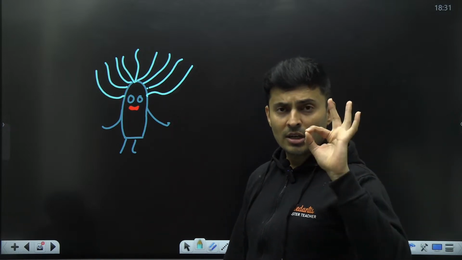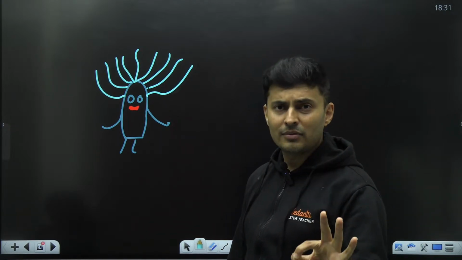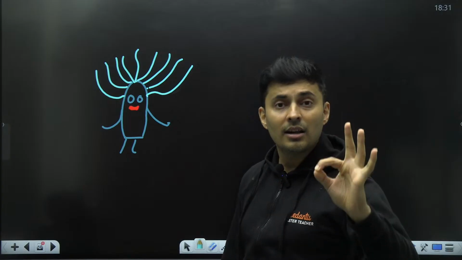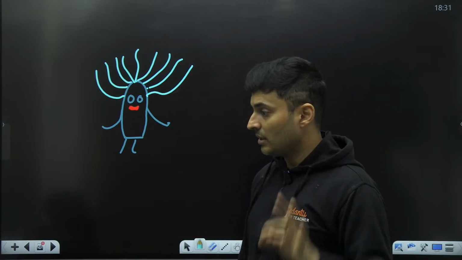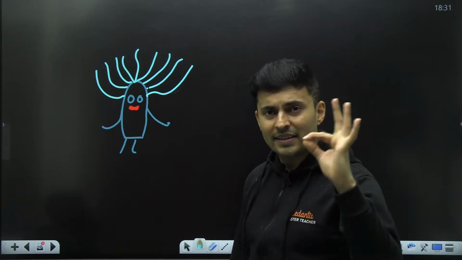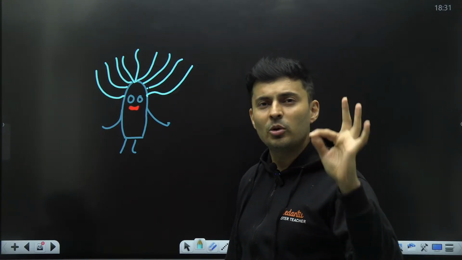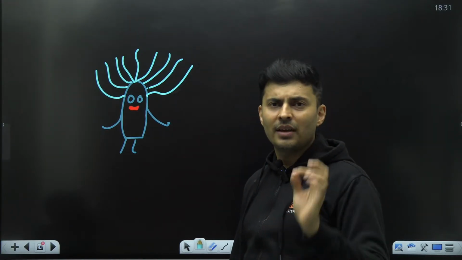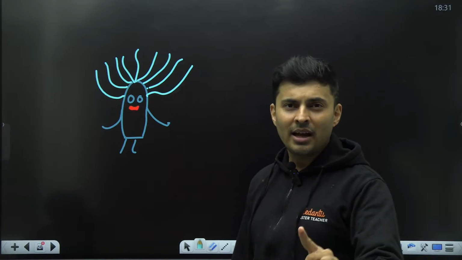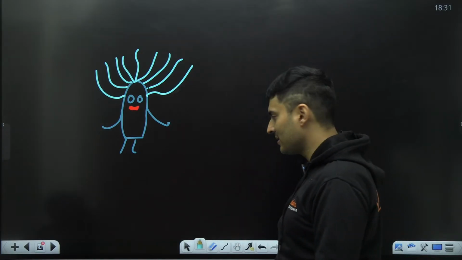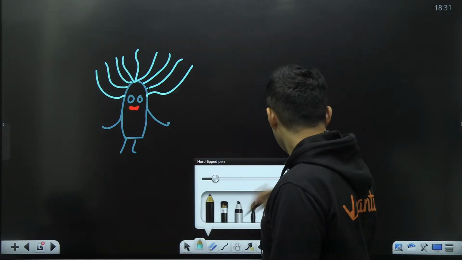This situation, if it occurs to you in real life, please run. Yes, please run as soon as possible, because a lightning is about just few seconds away to strike you. So run for your life. SOS. Save your souls. Okay.